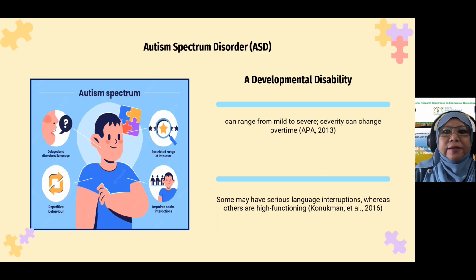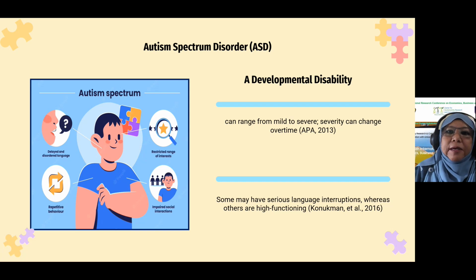First, let us get to know what autism spectrum disorder is, and I'm so sure that all of you actually know what it means. It is a developmental disability, and it can range from mild to severe, and the severity can change over time.